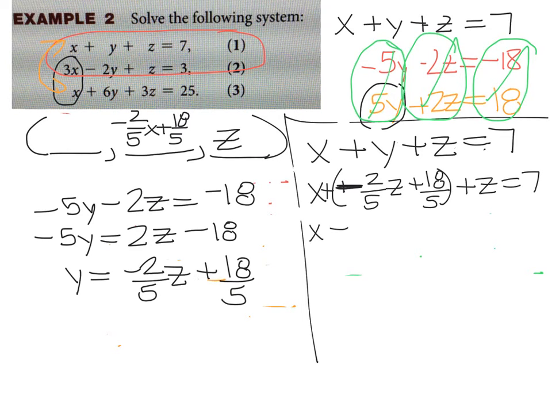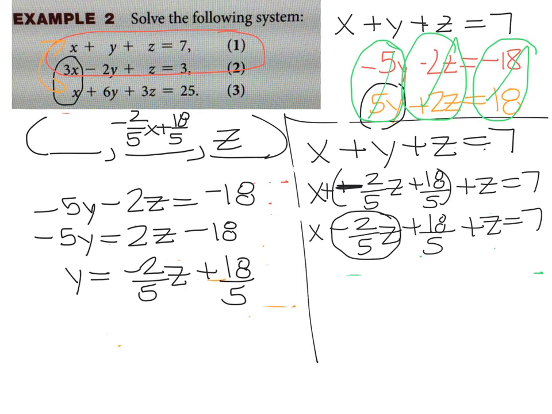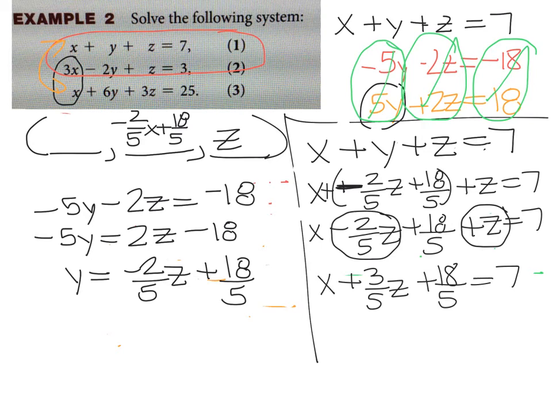So you can combine your like terms. I can take the negative 2/5 z plus 1z. If I do that, I'm going to get a 3/5 z. And I need to solve for x.